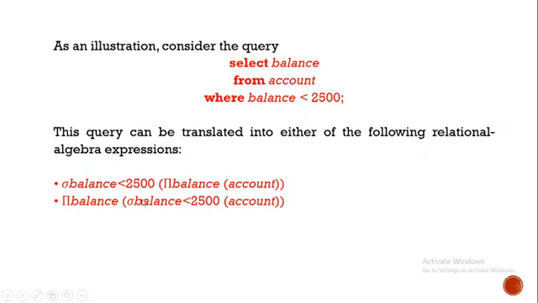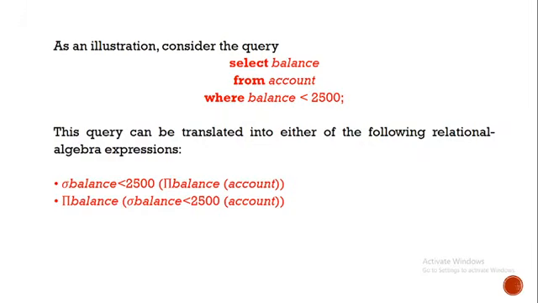In the second one, first the tuples are selected with balance less than 2500, and then the balance attribute is projected. So both these queries will give the same result, but their execution is different.